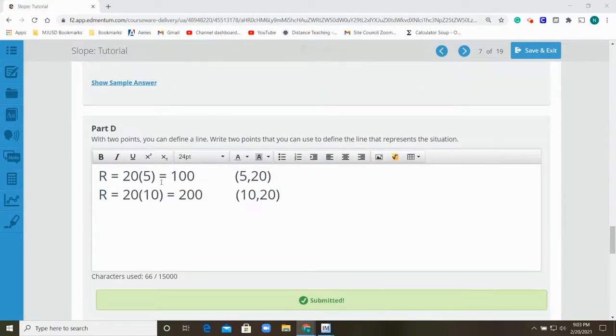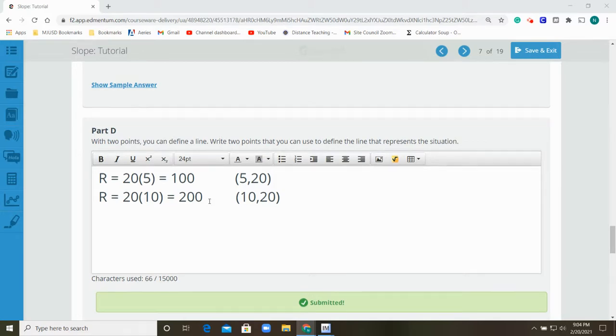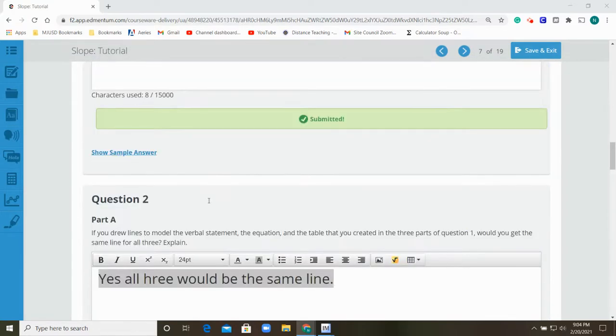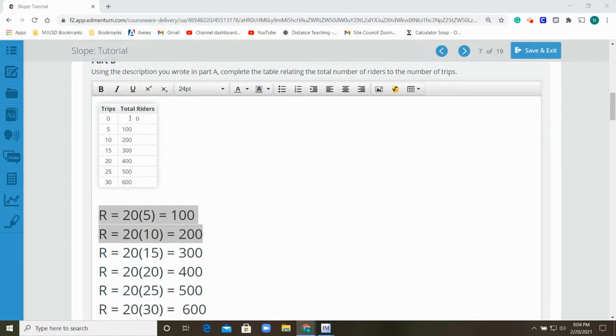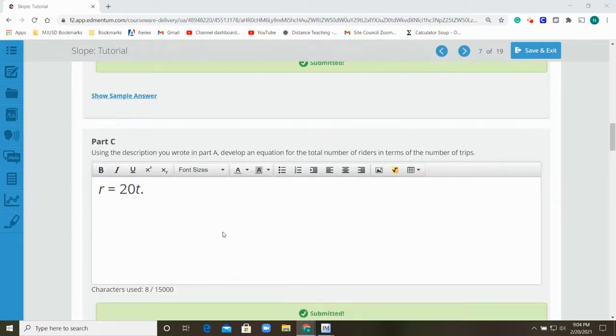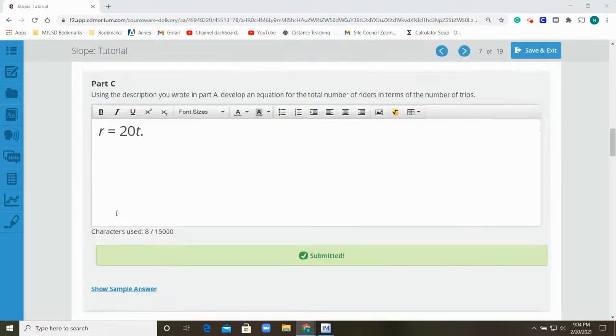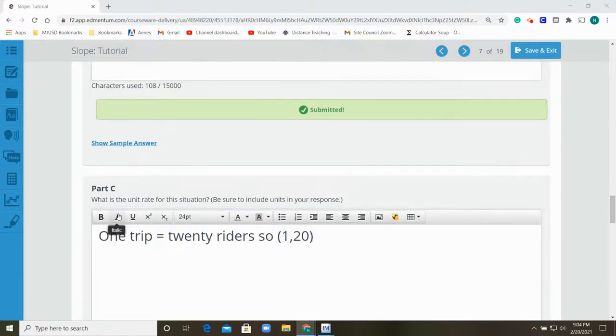But as we look at this, we can use any numbers from within the table, or we could use our own numbers that aren't on the table from above. For example, we could use 0, 0. We could use 1 and 20, 2 and 40, 3 and 60, and so on.